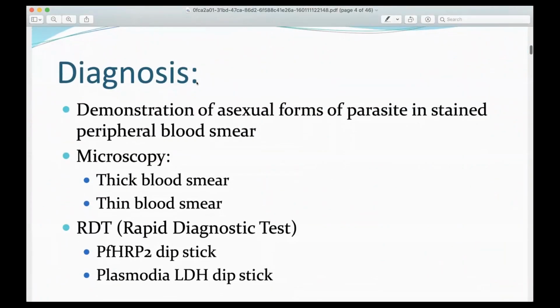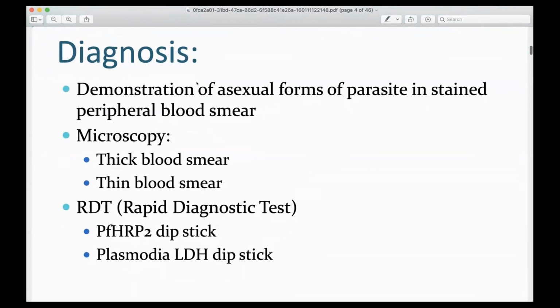So diagnostic tools: how will you diagnose? There is a blood test. One is the microscopic test and the other is the antigen based test. For microscopy, two types of blood smear are prepared: one is the thick blood smear, the other is the thin blood smear. The rapid diagnostic test is basically an antigen antibody reaction test.